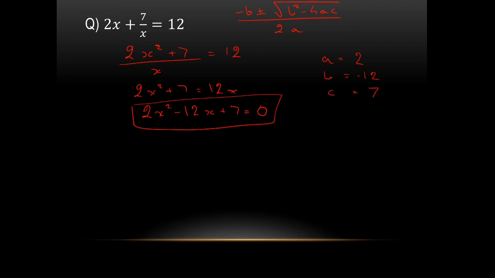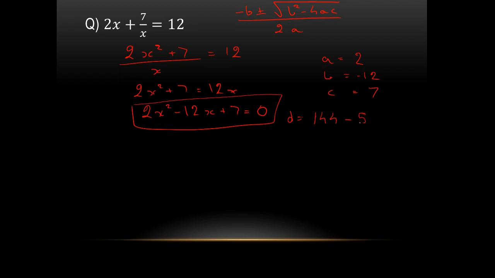Let us take b squared. Minus 12 squared is equal to 144. So the discriminant is equal to b squared minus 4ac. So 4 into 2 is 8. 8 into 7 is 56.